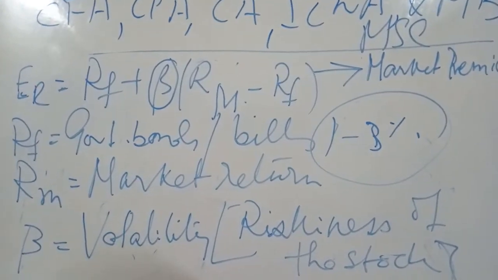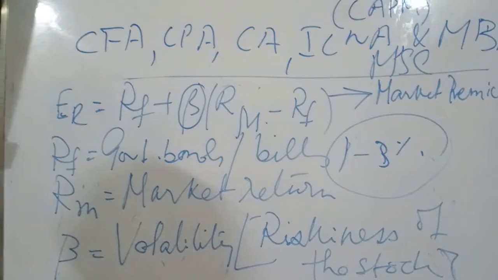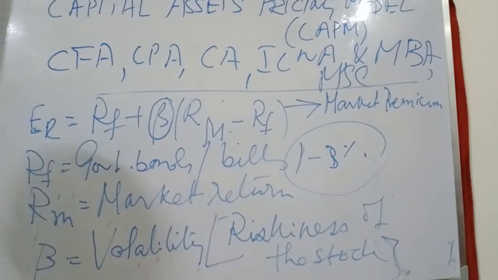Why is it called market premium? You see, as the investor takes risks, he must expect more return. This is the rational behavior, the rational attitude of human beings. As the investor's expectation becomes more, he has to take more risk.